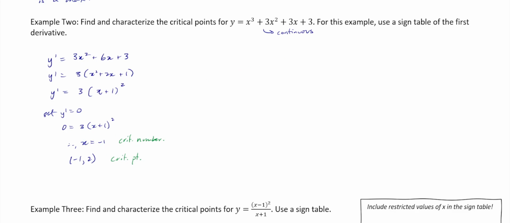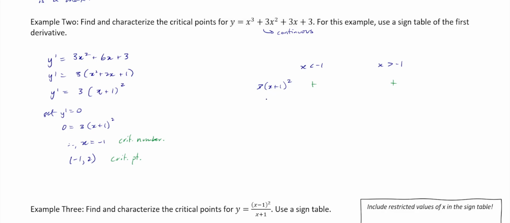Okay, so now I'm going to construct a sign table around this critical number. This is the only value that gives me 0, so I'm going to say x less than -1, x greater than -1, and then there's only really one factor here, and that's (3x + 1) all squared. Because this is all squared, it's always going to be positive.